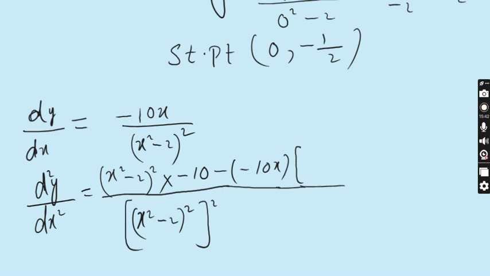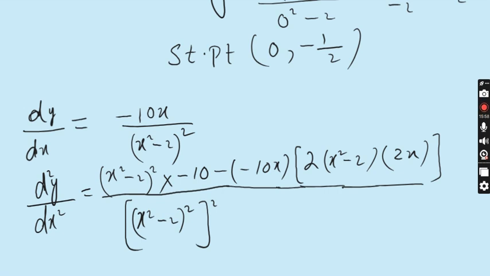The derivative of (x² - 2) whole squared is 2 multiplied by (x² - 2) multiplied by the derivative of x² - 2, which is 2x. It is called the derivative of the function.